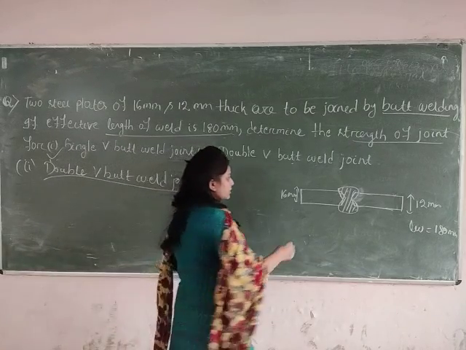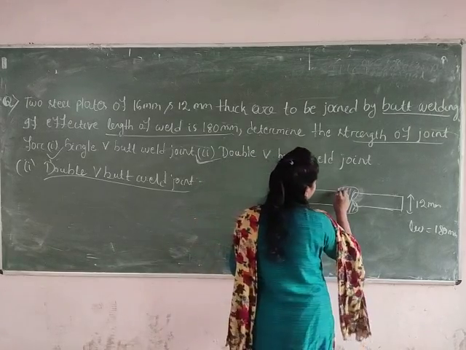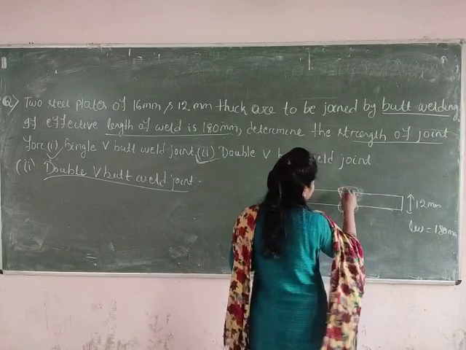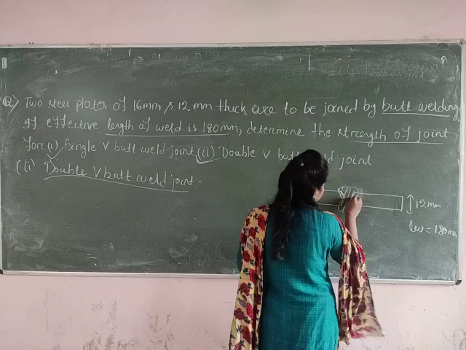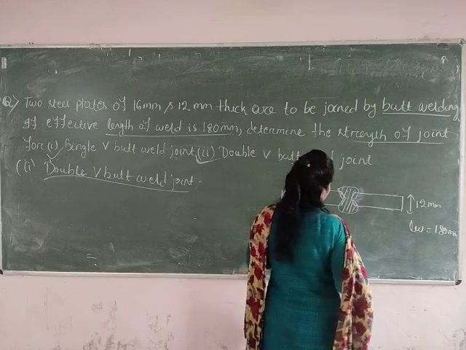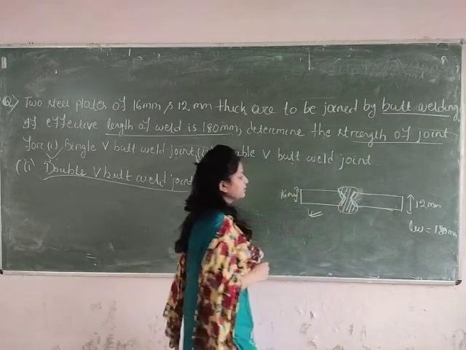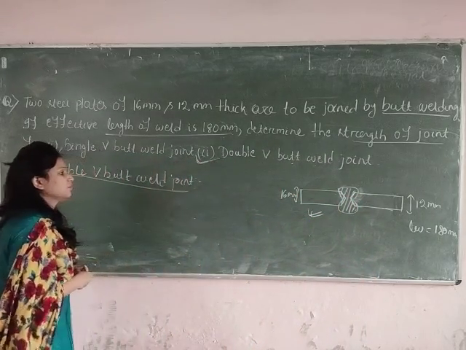Here you can see this is the double V butt joint, as the weld is provided on both sides and the edges of these two members look like a V shape on both sides, at the top and the bottom also.